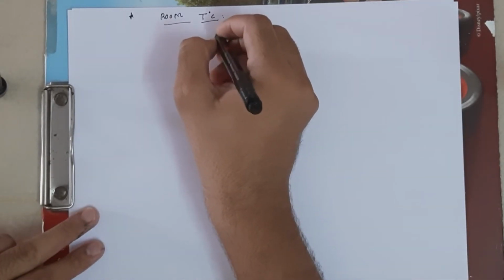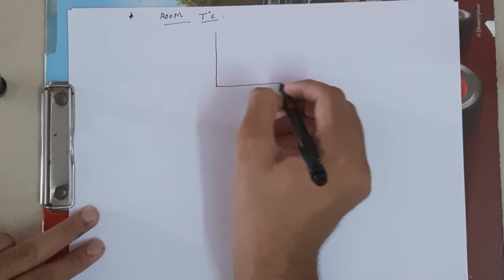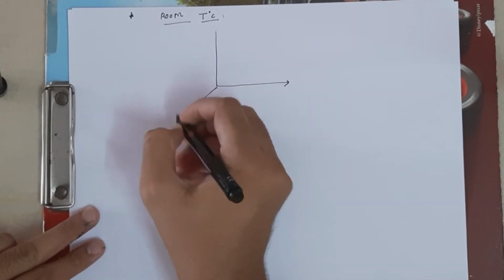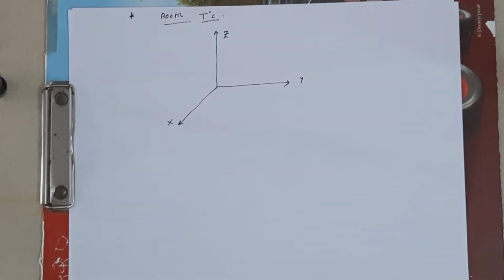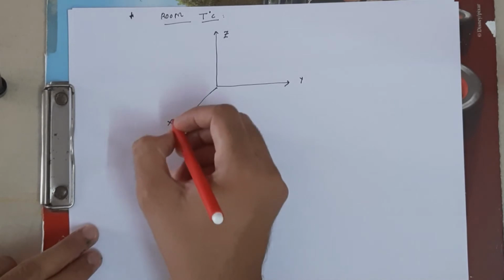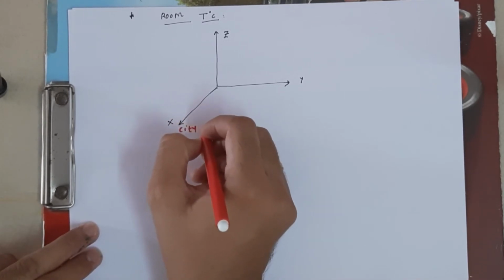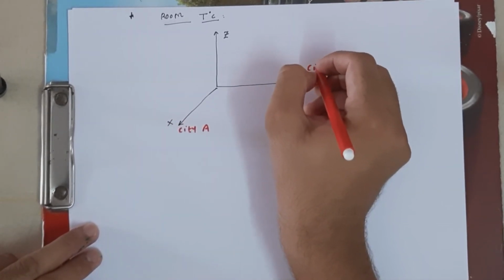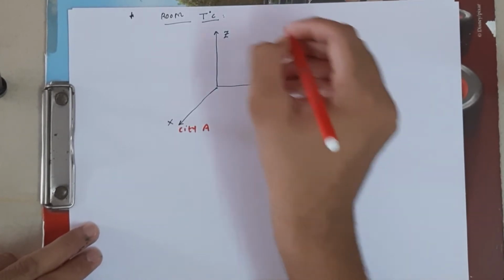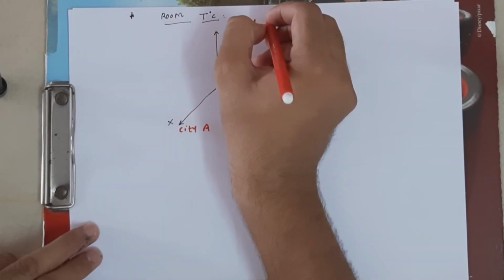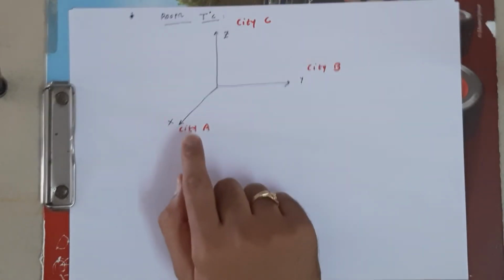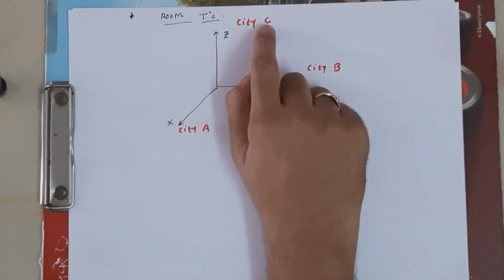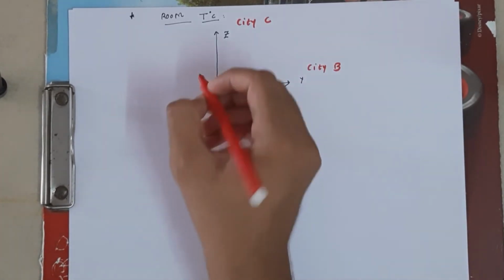I will give one example so you can easily understand this concept. Take x, y and z. Suppose city A is present in the x direction, city B in the y direction, and city C in the z direction. You can say that these are Ahmedabad, Bombay and Calcutta, and suppose this one is the origin.